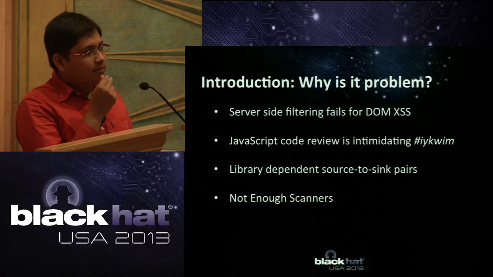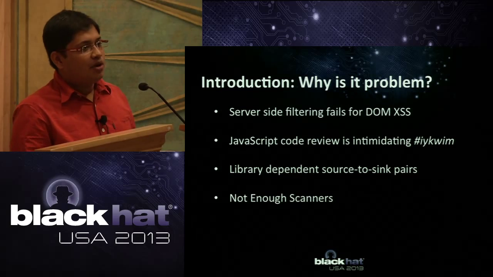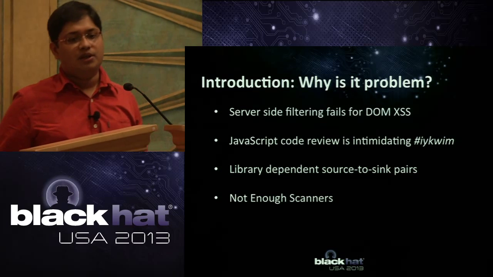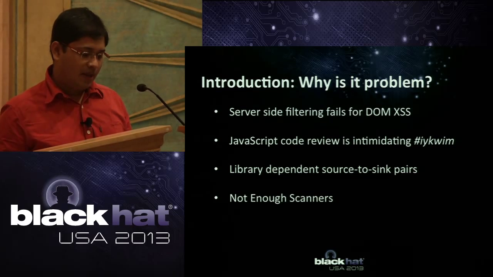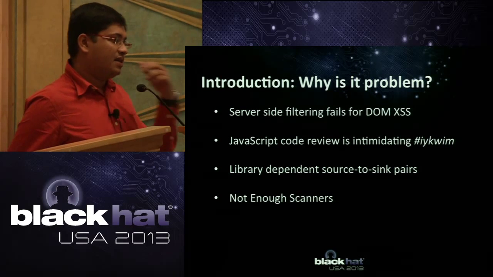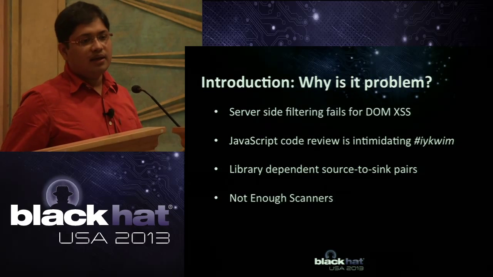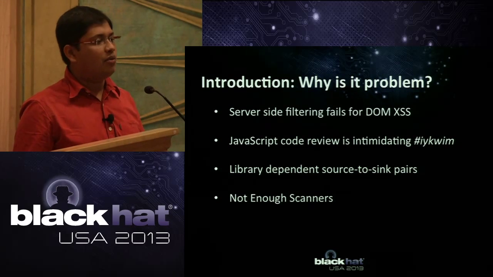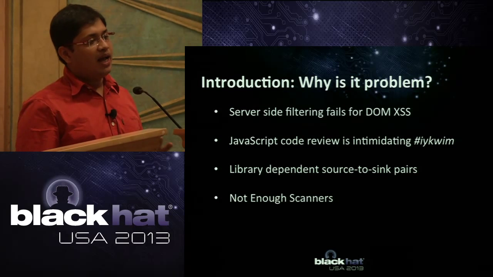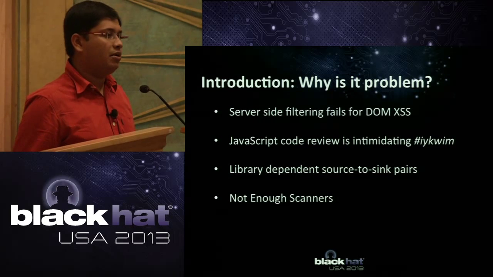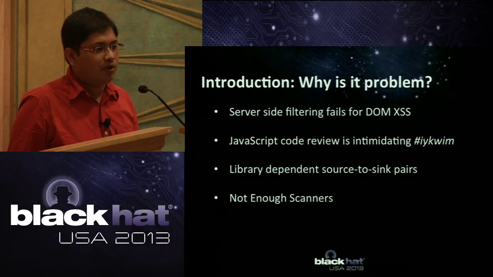The reason I ask this question is that there are so many libraries available, and when we scan JavaScript source code for source and sink pairs, there are libraries like jQuery and YUI, where you have library-dependent sources and sinks as compared to pure JavaScript programs.